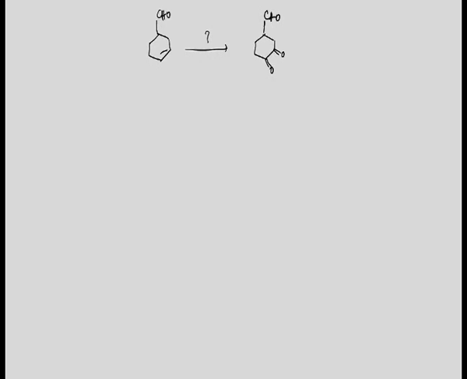So, for the double bond we know KMnO4 in alkaline condition can give the diol, and then chromium oxidation can give the ketone, but if you put the KMnO4, then the aldehyde will be oxidized. So, first the aldehyde has to be protected.